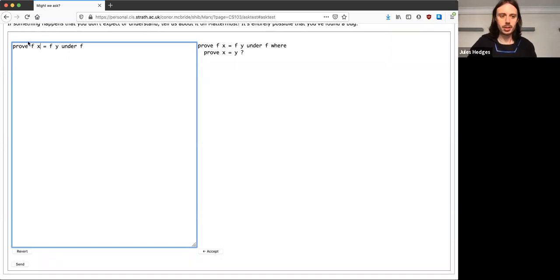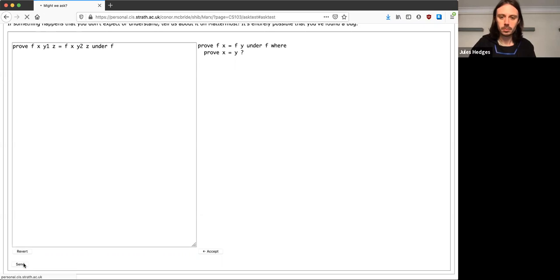This works also for any number of inputs. So let's say f has 3 inputs and I call them with 2 pairs the same and 1 pair different, and I say under f, it will now just ask me to prove that the middle pair of inputs are equal.